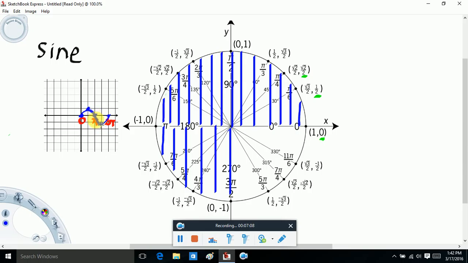So it was down, down, down, till it reaches a minimum. And then it starts to go back towards 0. So that's the graph of the sine function right here.